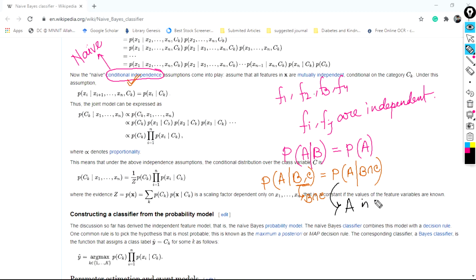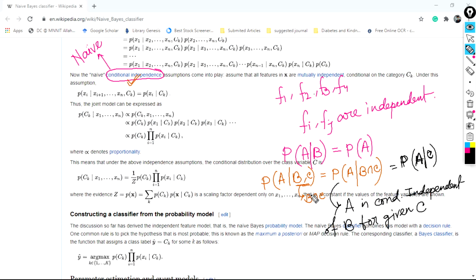Event A is conditionally independent of the event B for a given event C. If this happens, then this probability will be written as probability of A given B, C equals probability of A given condition C. This will be written this way.